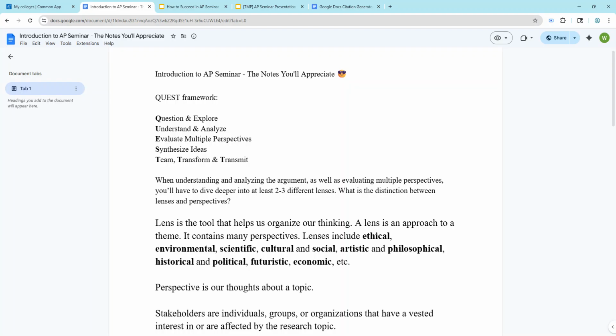Lenses include ethical, environmental, scientific, cultural and social, artistic and philosophical, historical and political, futuristic, economic, etc. Perspective is our actual thoughts about a topic. Stakeholders are individuals, groups, or organizations that have a vested interest in or are affected by the research topic.